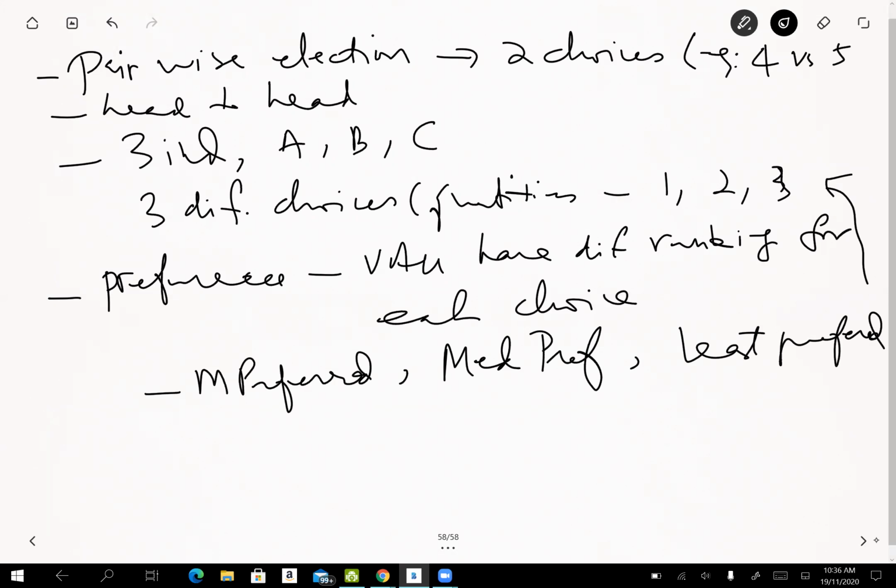For voter A, which quantity is his most preferred choice, or which quantity is his least preferred choice? So we're going to have the preference that relates the ranking to the individual for different quantities.